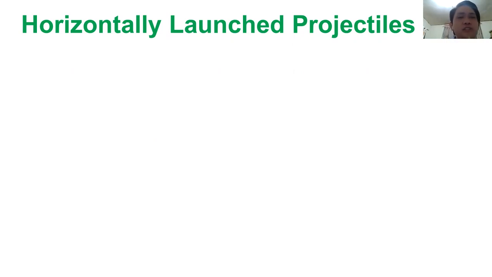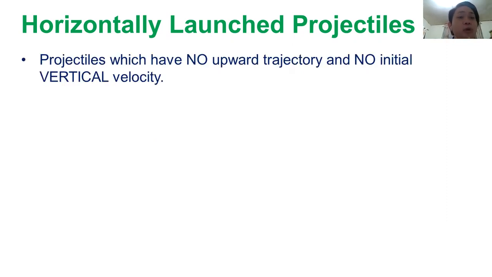So let's try to describe what a horizontally launched projectile is. These are projectiles which have no upward trajectory and no initial vertical velocity. Again, in horizontally launched projectiles, these have no upward trajectory because it's horizontal.